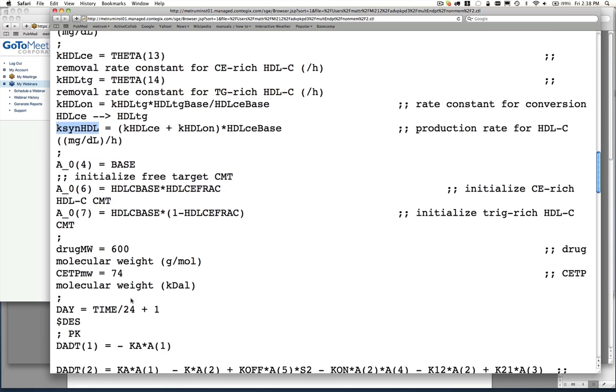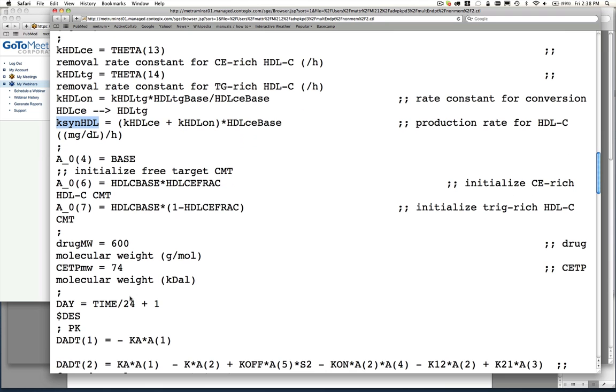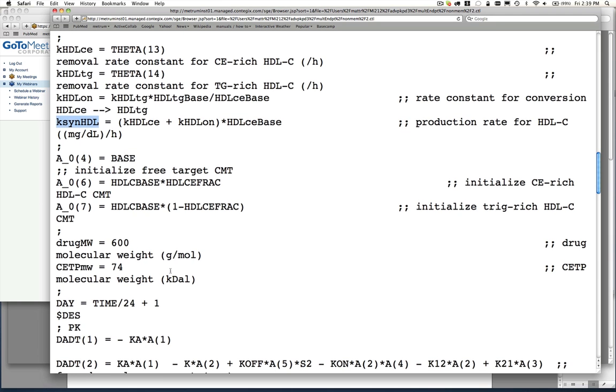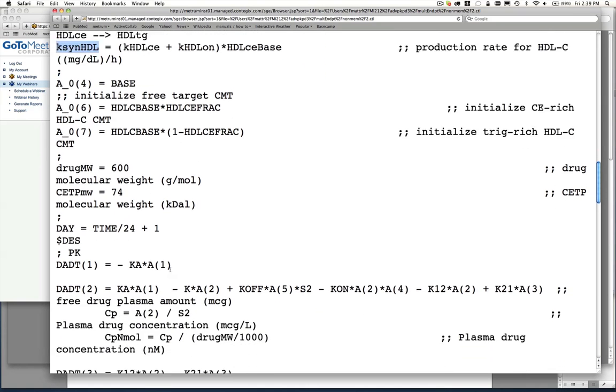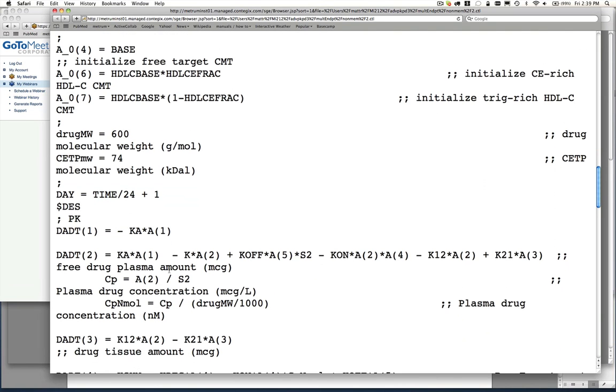Again, those are required when we get down into the differentials because we have to eventually convert everything from the reported units in milligrams and micrograms, etc., down into nanomolar or some other equivalent molar concentrations for the drug and the receptor, and that's done down here in the DES block. Now I put in a day code here. That's just for myself. I use that later on in some of the plotting.